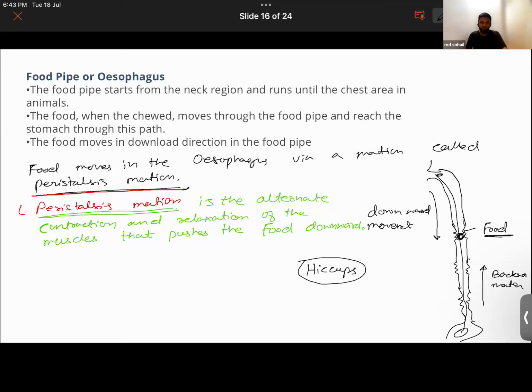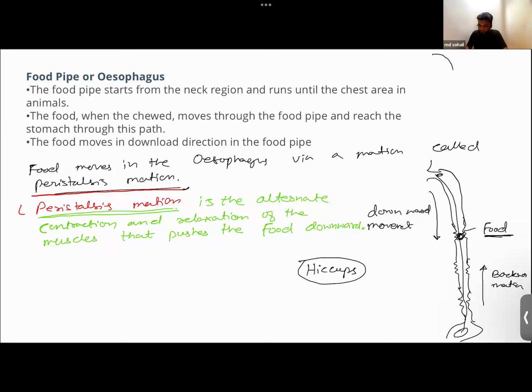Any idea how hiccups happen? Like when our food is stuck on the windpipe, we get hiccups. Exactly. See, this is the food pipe coming from our mouth, and just adjacent to it you have the wind pipe coming from your nostril as well.